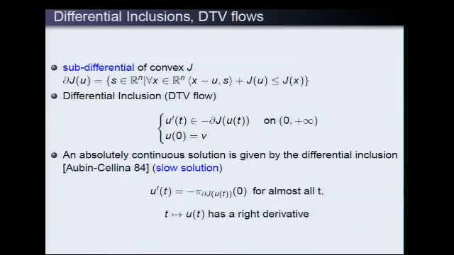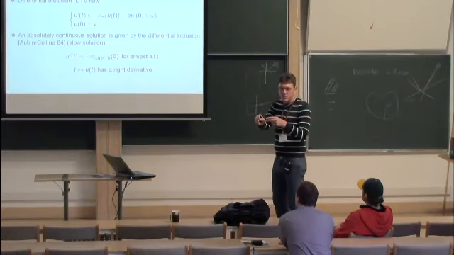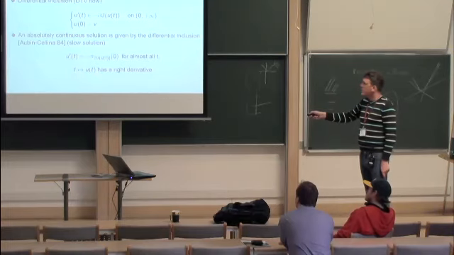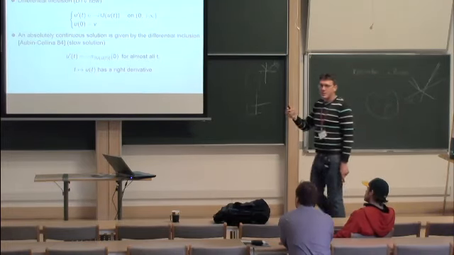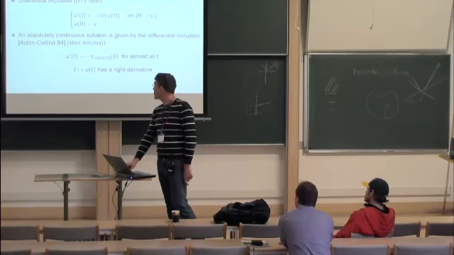And you can also show that that trajectory satisfies that. So it means, essentially, this is the steepest descent. Okay? This is the steepest descent. So you project 0 to the set of all possible directions, and this is the smallest norm. So among all possible trajectories, I want the slowest solution every time. And you can also show that this function has a right derivative, but not left.